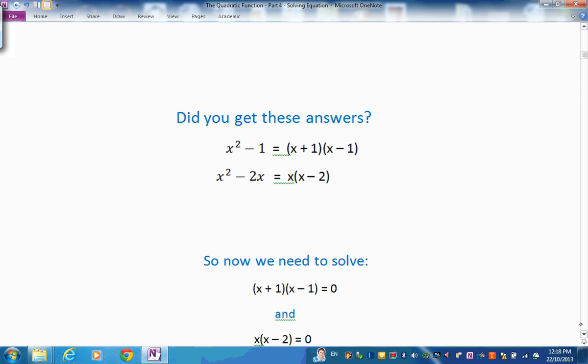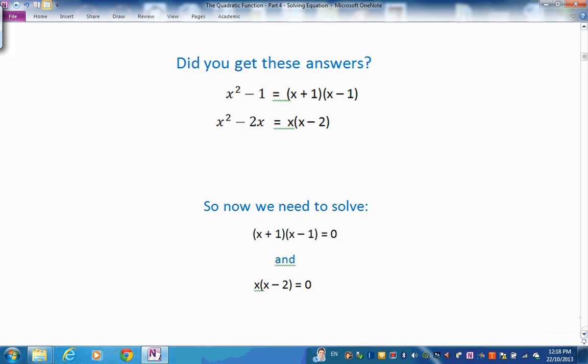So coming down here, did you get these answers? Well, only if you remembered something about expansions, because factorization is the opposite, isn't it? Factorize implies reverse the expansion of brackets. Can you see that? Let's do it right now.